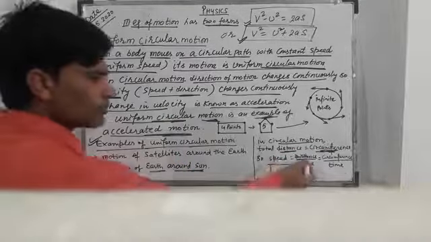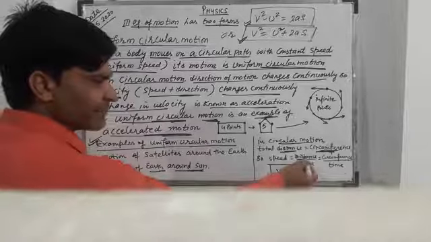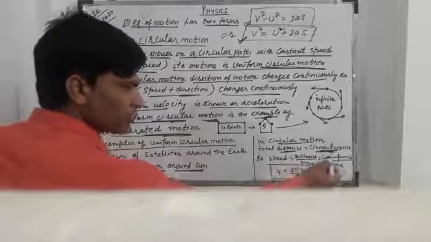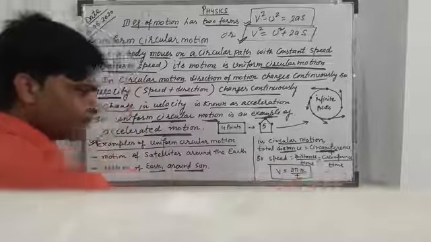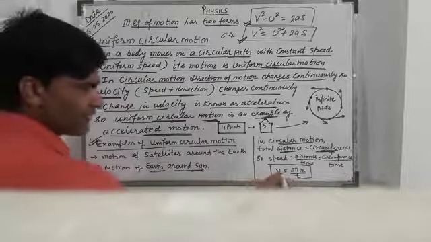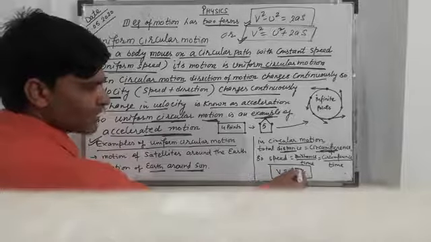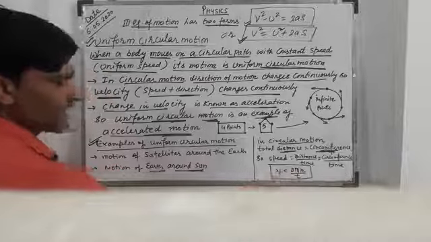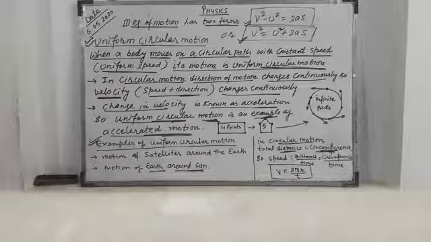Speed is equal to distance upon time, and distance is equal to circumference, so speed is equal to circumference upon time. Then we get v equal to 2 pi r, that is the circumference, upon T. With the help of this formula, we can calculate the speed in circular motion.